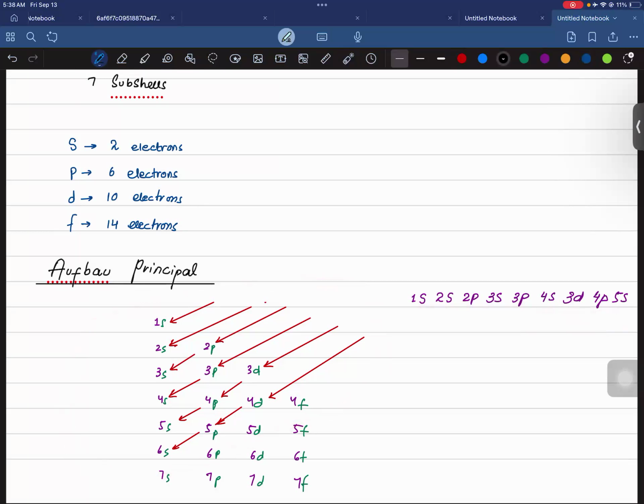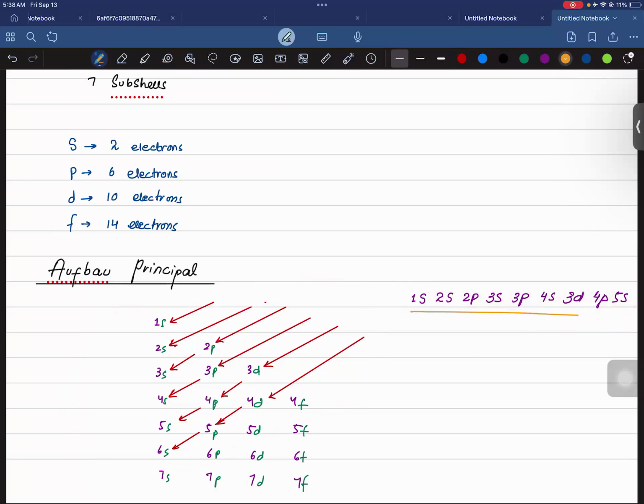It means that the 1s orbital has the lowest energy, then 2s, then 2p, then 3s, then 3p, then 4s, then 3d, then 4p, then 5s.